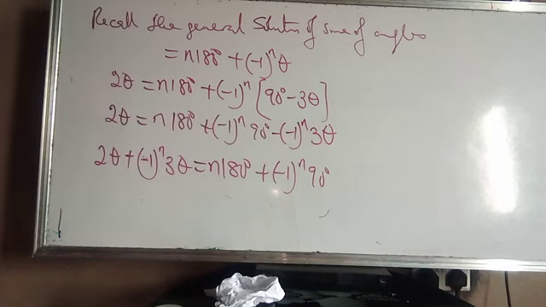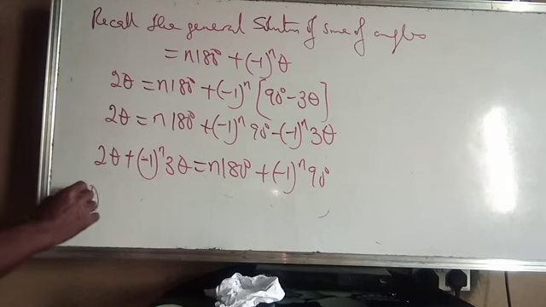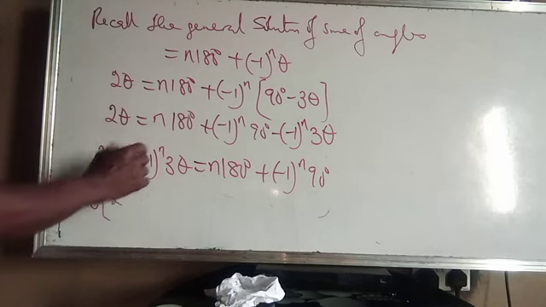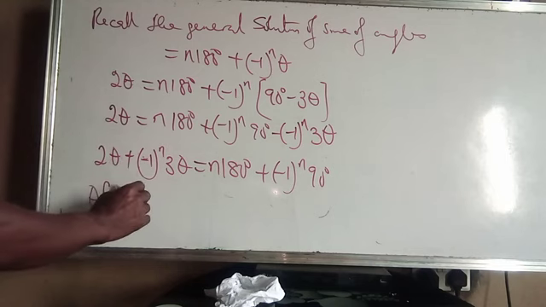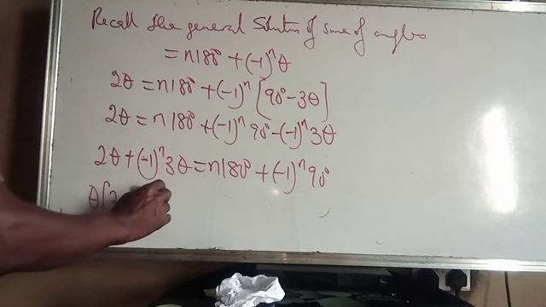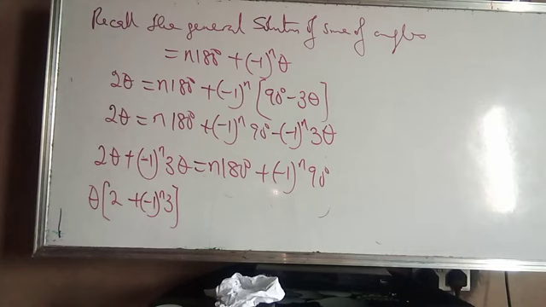Okay, which invariably means that we can factor out theta here. Theta is common there: 2 plus minus 1 raised to n 3. Or you can write 3 before that, it's still the same thing.